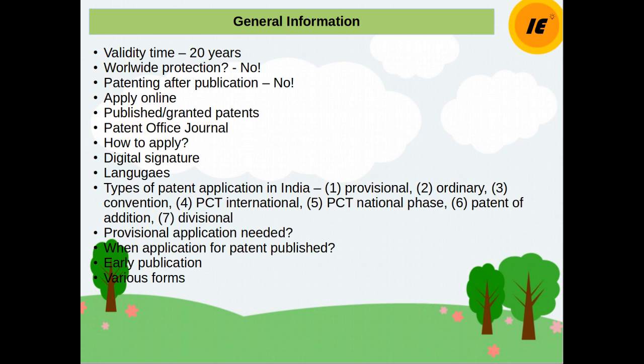The other thing is what other information the Patent Office Journal contains. The Patent Office Journal contains information relating to patent applications which are published, 11A, I don't know what it means, post grant publication, restoration of patent, notifications, list of non-working patents, and public notices issued by the Patent Office.